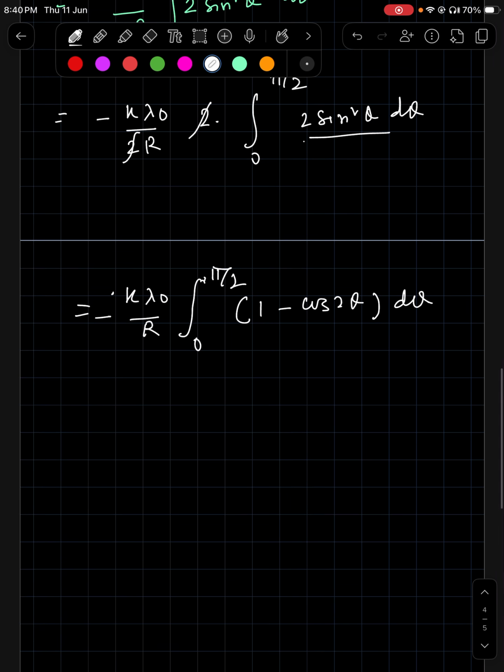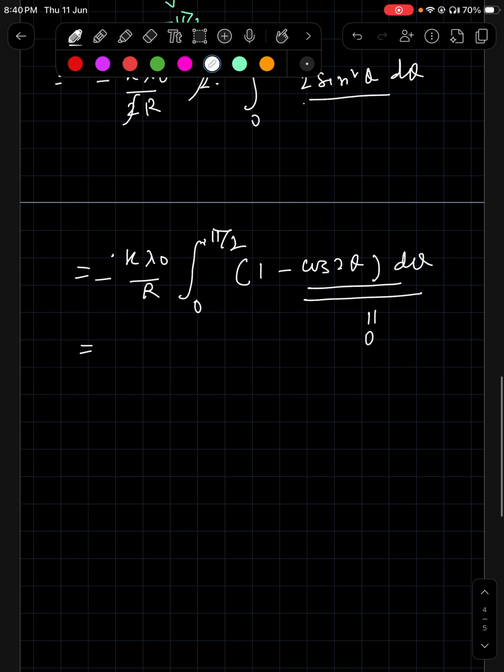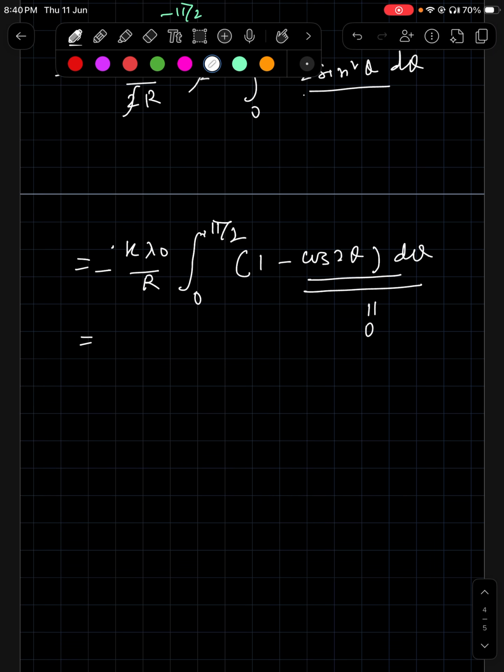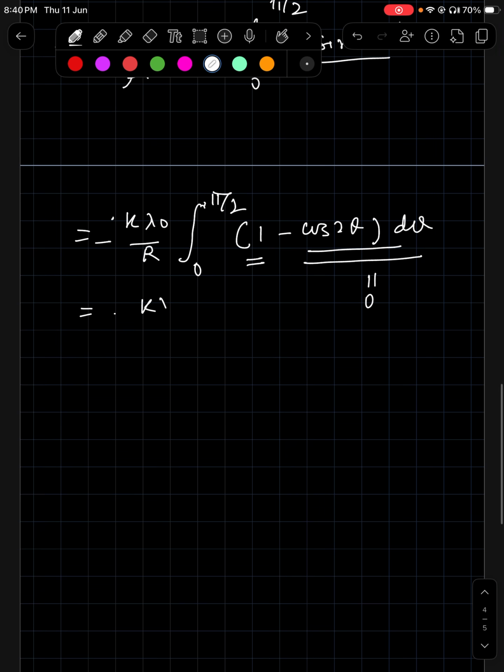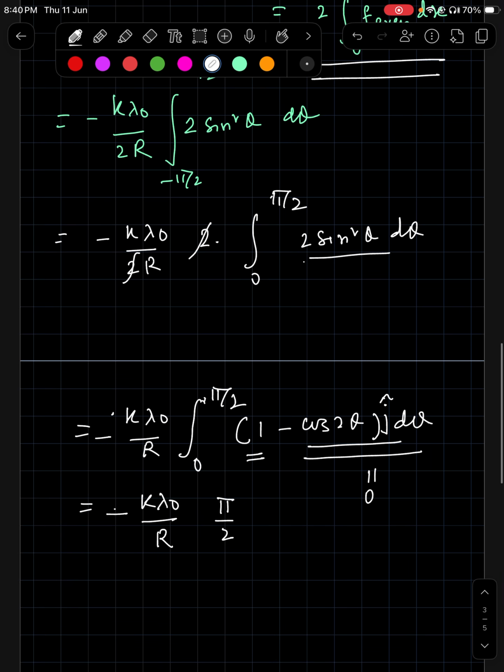It is your home task to check that the integration of cos 2 theta d theta in the limit 0 to pi by 2 is 0. So this part is 0. Only the first part is giving a non-zero value, which is actually pi by 2, and it should be multiplied with j cap because we are dealing with the j cap here only.